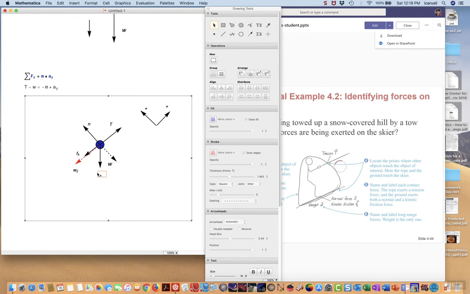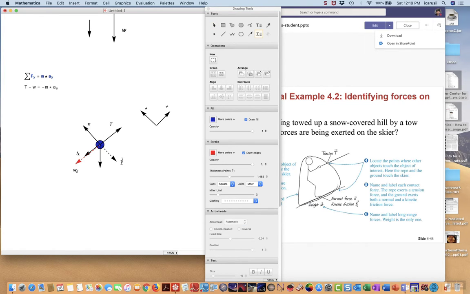So that's the weight. Oh, there we go. Okay, sorry about this.